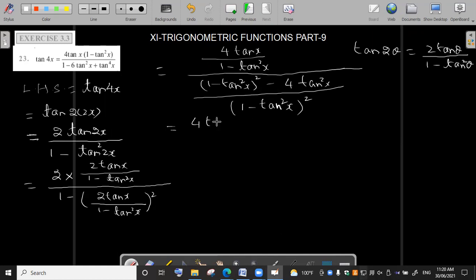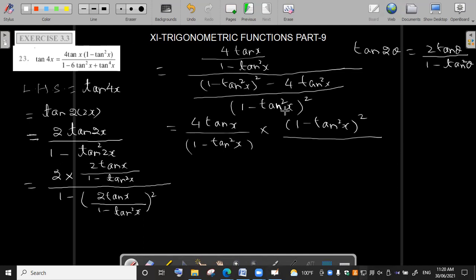So the numerator will be written as it is, 4 tan x divided by 1 minus tan square x, and this will become 1 minus tan square x whole square divided by this one. Okay, so you can see that the denominator is in the simplified form.